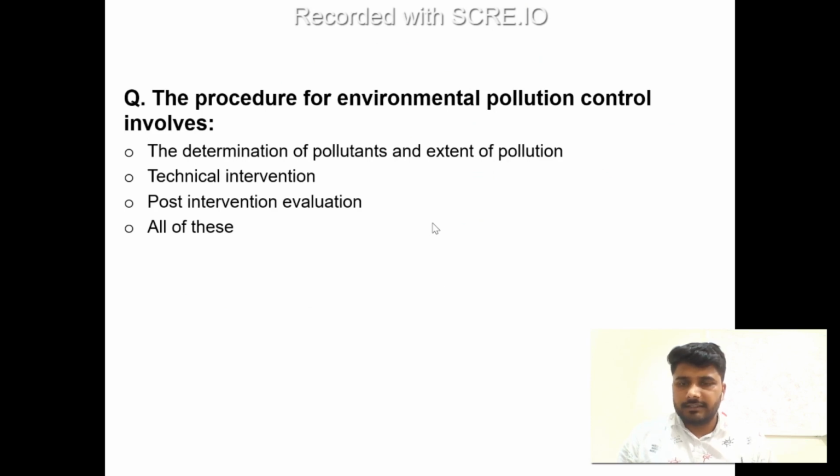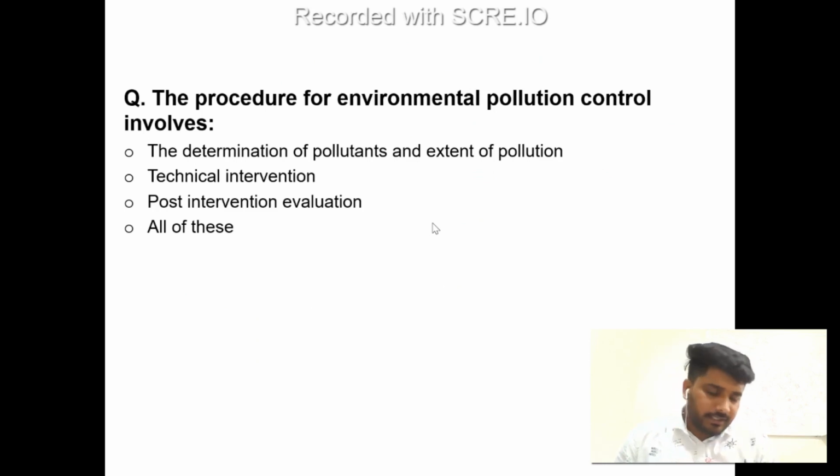These are the steps given here. You have to identify the basic steps for the control of environmental pollution. First is the determination of pollutants and extent of pollution. Second is the technical intervention, and third is the post intervention evaluation. First of all, you have to know the meaning of determination of pollutants and extent: at what extent the pollution is there, and how to determine the pollutants.